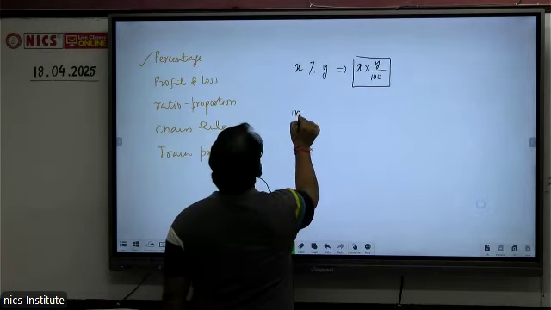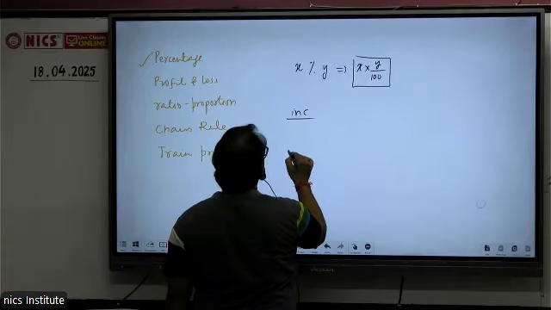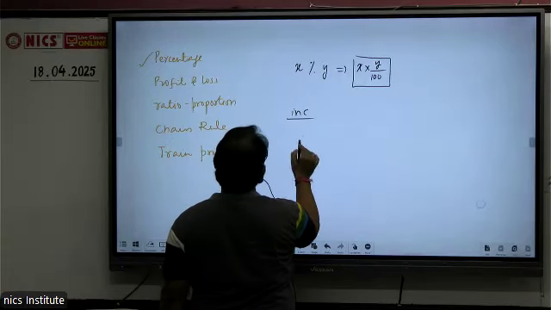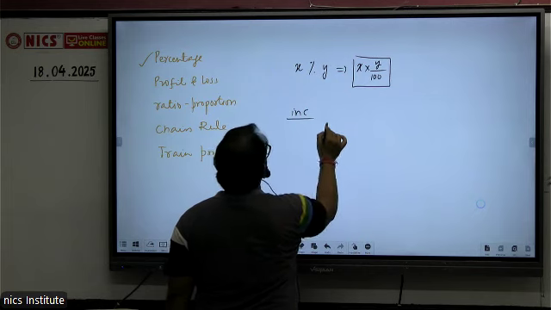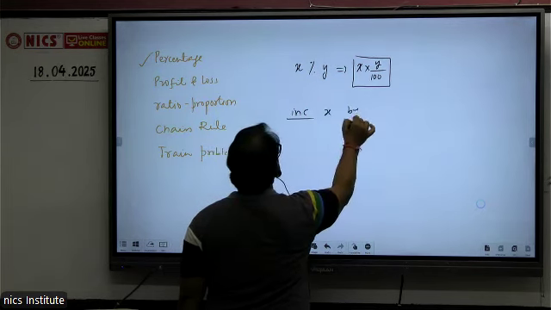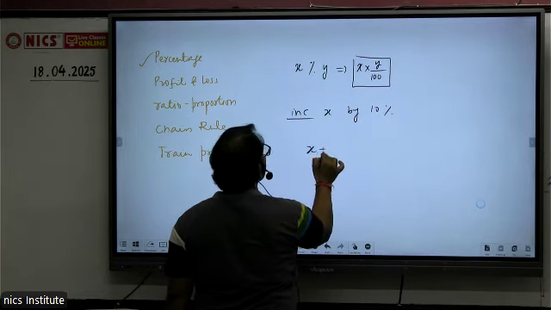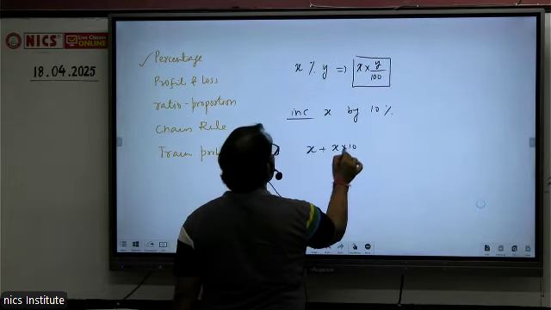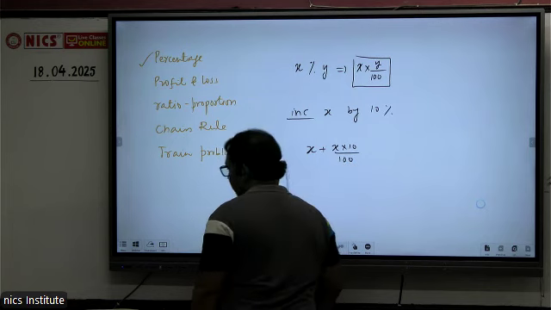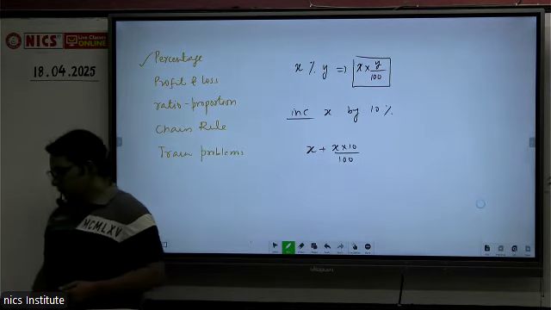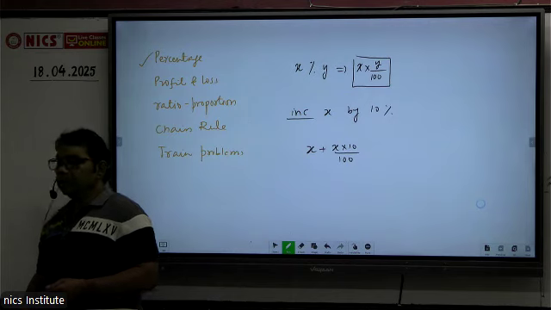Shortcut के लिए there's some results like if I want to increase something by 10%, increase x say by 10%. Then how do you do it? x into 10 by 100, right? So this is when you want to increase something, say by 10%.